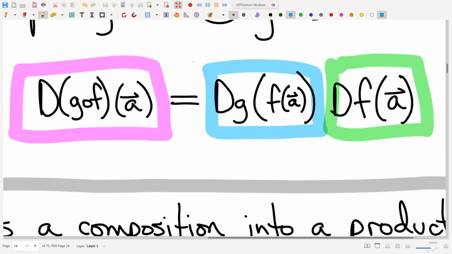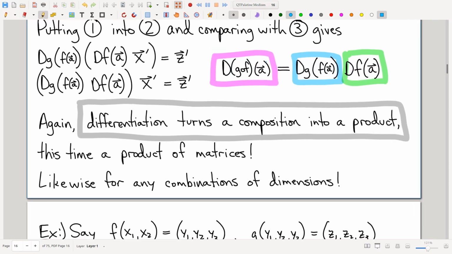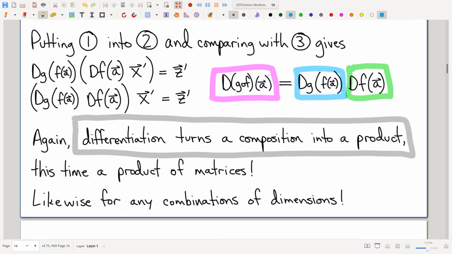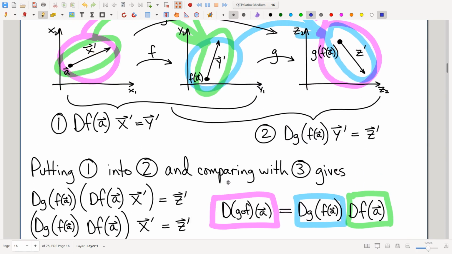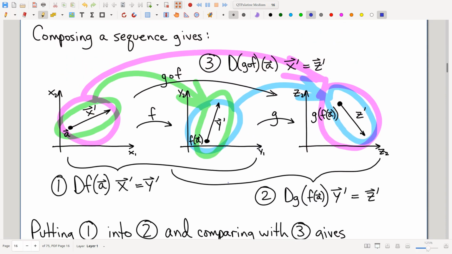Okay, now there are a couple little details I have to talk about. First of all, I claim that this works for any combination of dimensions. Notice what I drew here in the picture. Everything was two-dimensional. We had a two-dimensional X world, a two-dimensional Y world, a two-dimensional Z world. Let's suppose, what if the Y world were three-dimensional?